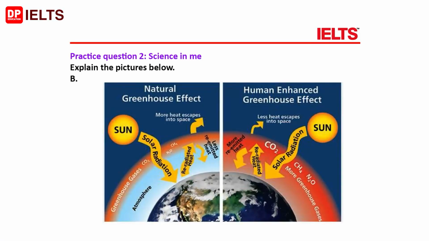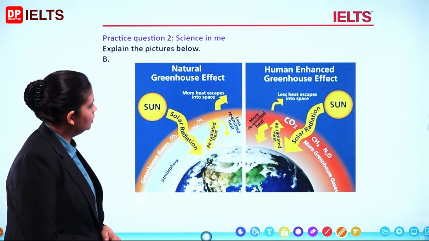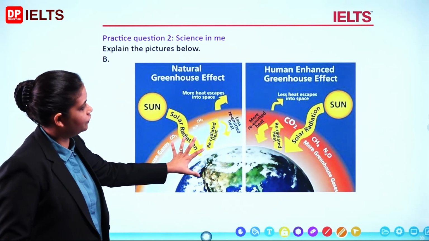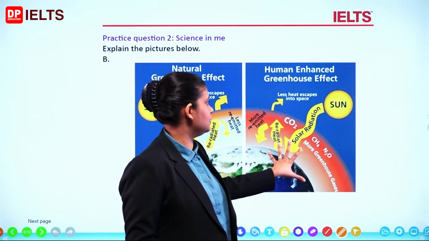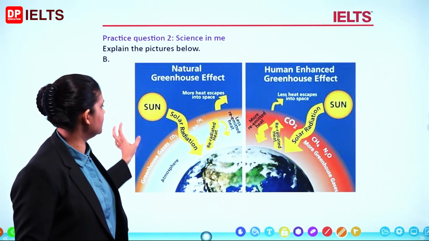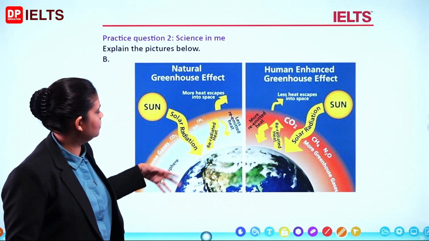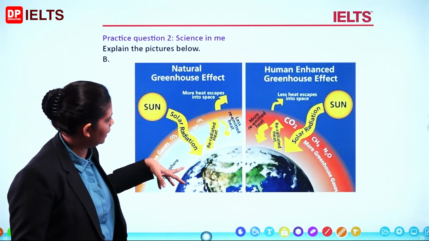Next one, explain the picture below. So it's called the greenhouse effect. So you have the natural greenhouse effect and you have the human enhanced greenhouse effect, okay? Where you have the sun, solar radiation, right? And then obviously more heat escapes into space.